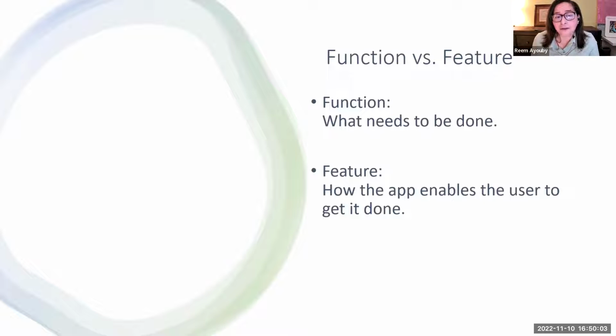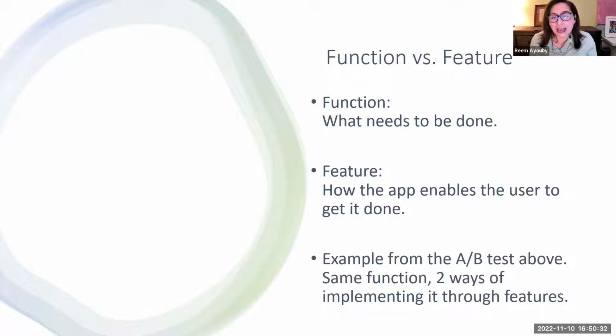And then a feature is really about how the app enables the user to get that job done. So just so that we're all on the same wavelength when it comes to these two words, because I think very often they're used interchangeably. So would anyone have any comments about this?